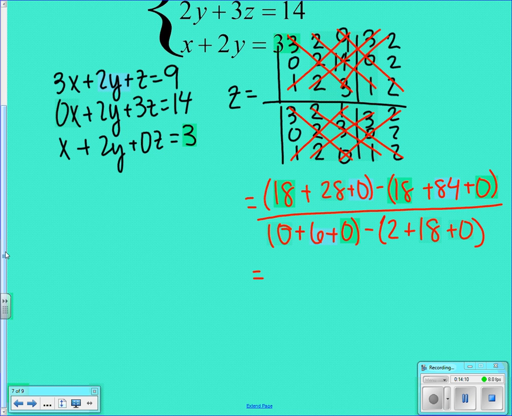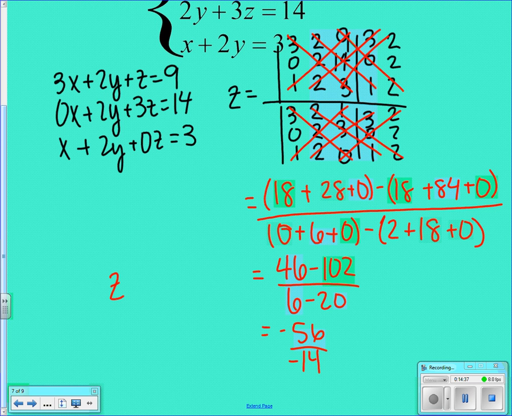So 18 plus 28 is going to be 46, and then 18 plus 84 is 102, so we have 46 minus 102, and then I have 6 minus 20. So 46 minus 102 is negative 56, and 6 minus 20 is negative 14. So if you divide those, your z value is going to equal 4.